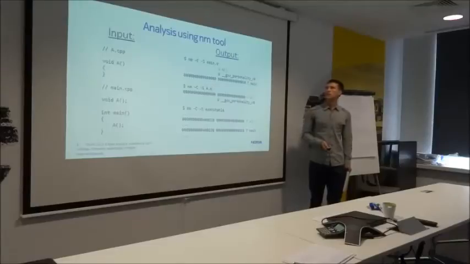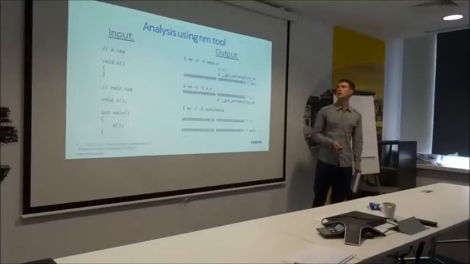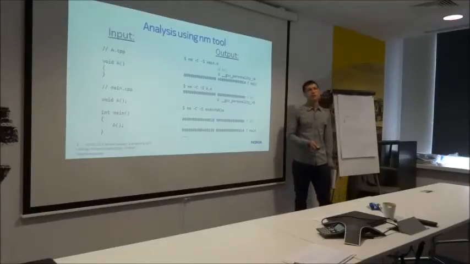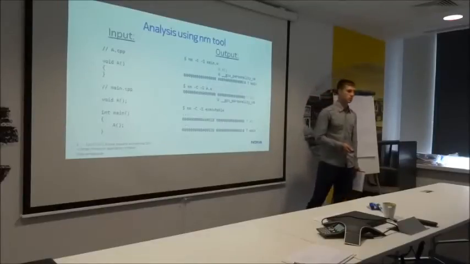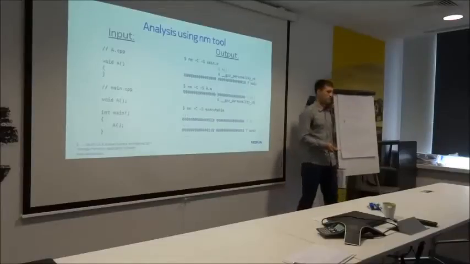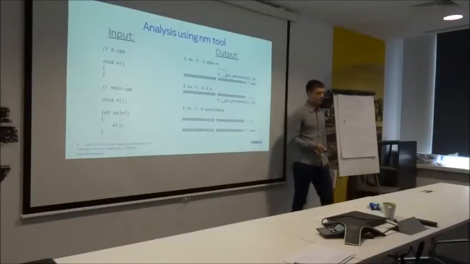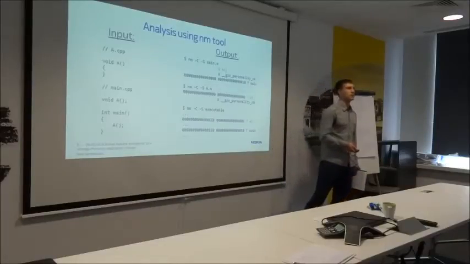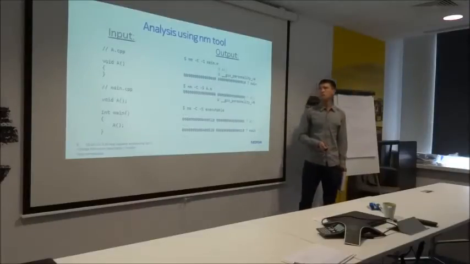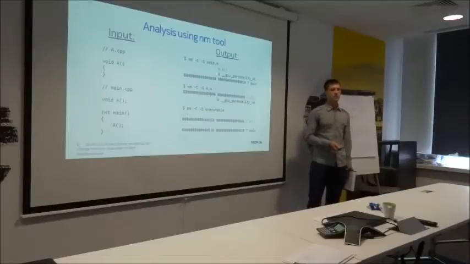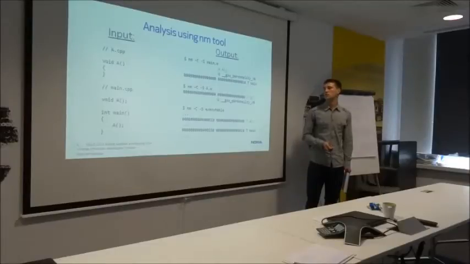And mainly I can say that the linker was designed for two reasons. The first reason is to have interoperability with languages like COBOL and Fortran. And the second, at the time when the linker was introduced, there wasn't so much memory available.